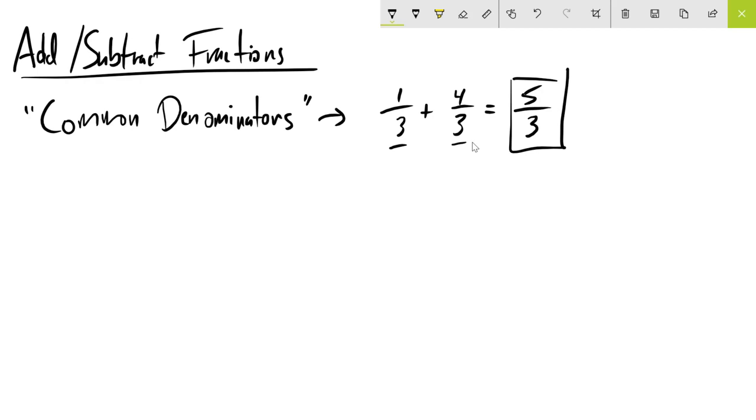All right? So, another example, you can throw negatives and positives into this. Like if we had 2/5 plus a negative 4/5. First off, anytime you see a plus and a negative, what do I recommend doing?